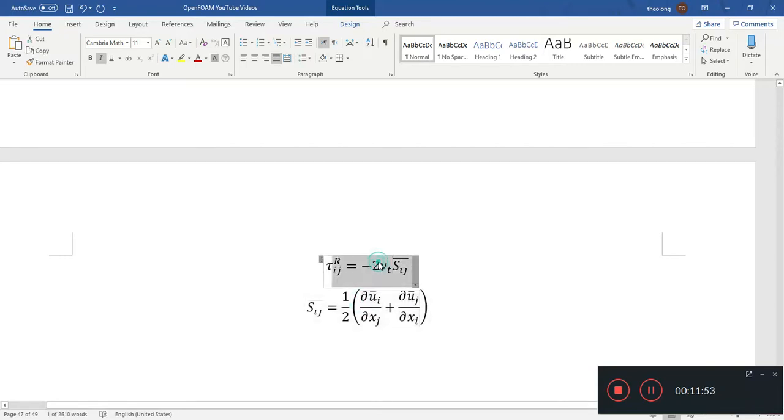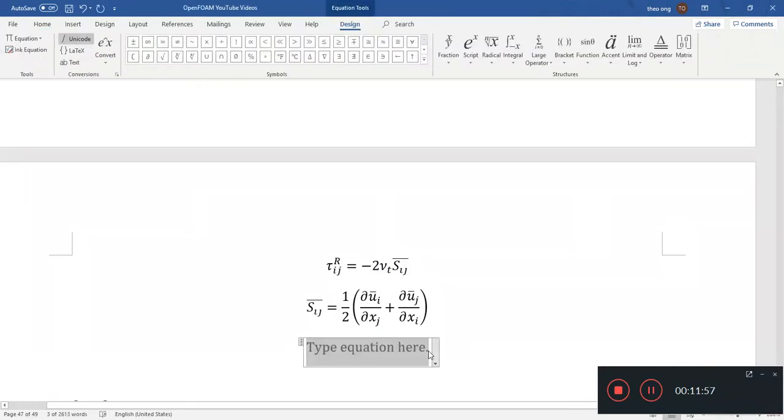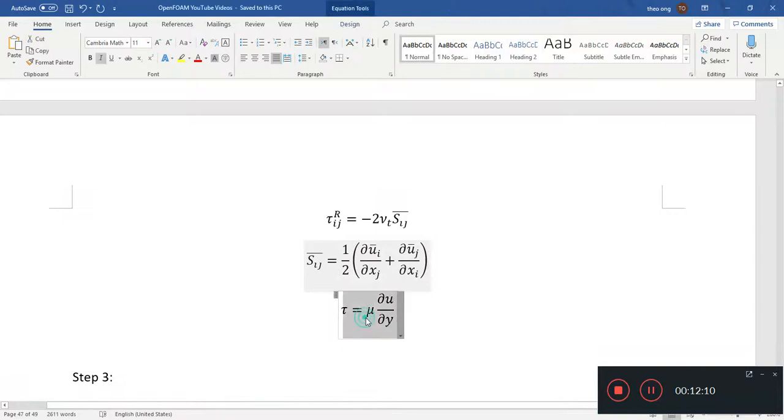This is pretty simple. Remember, in Newtonian viscosity, we have tau equals mu partial u partial y, for example. I didn't specify the direction, but this is what the equation would look like.